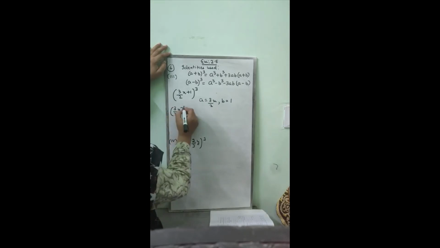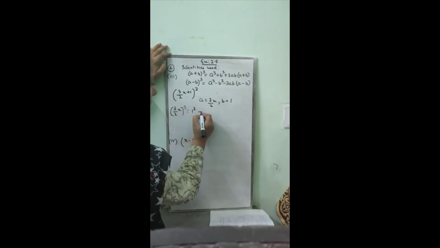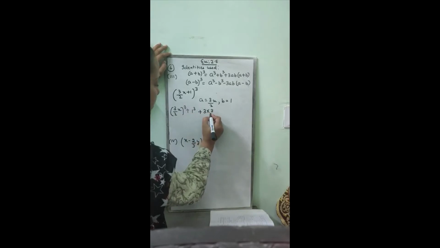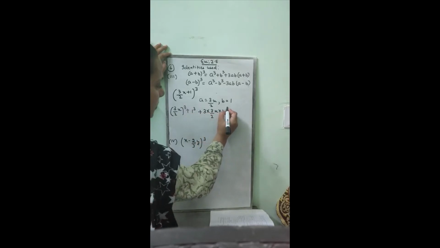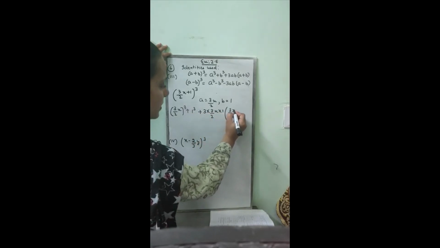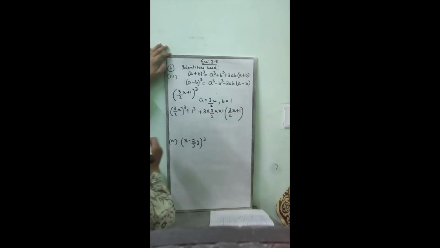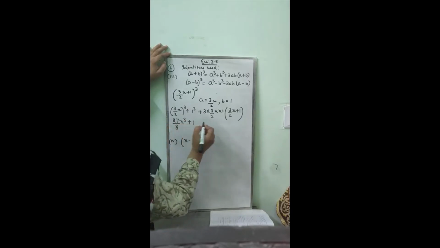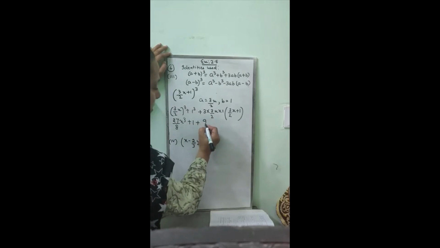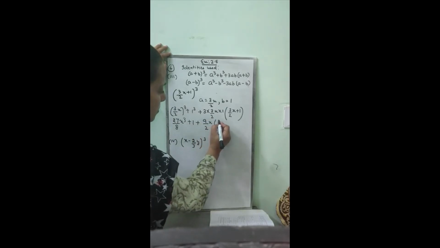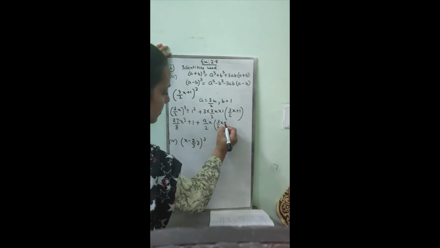a cube plus b cube plus 3ab into (a plus b). So your answer is 3 by 2 cube is 27 by 8x cube. 1 cube is 1. Here you will get 9 by 2x into (3 by 2x plus 1).